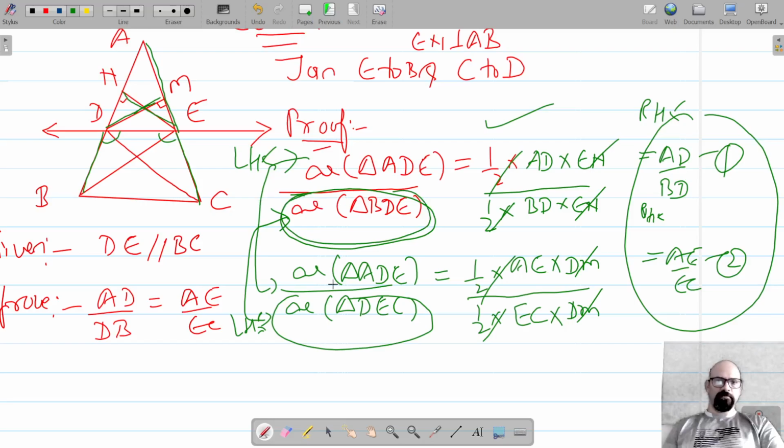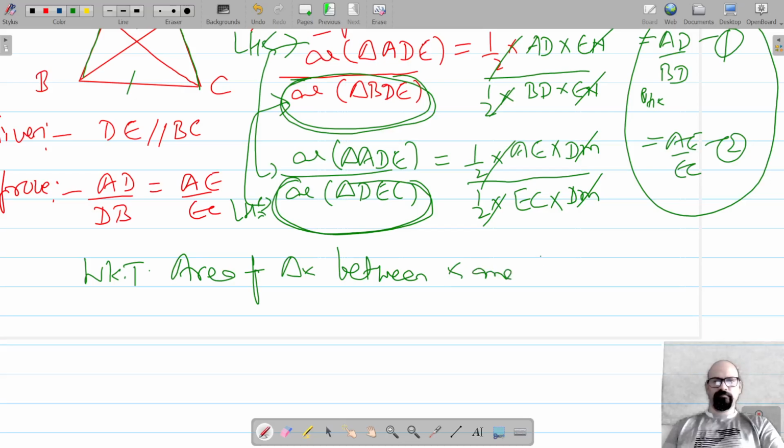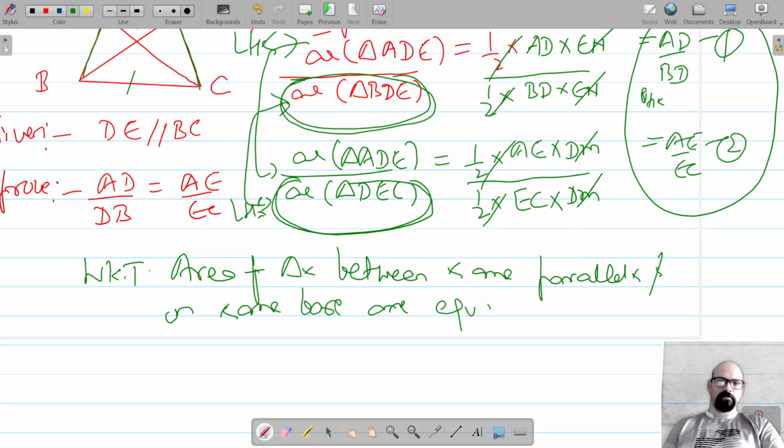Now, the area of triangle BDE is equal to area of triangle DEC because they are on the same base DE and they are between the same parallels. And we know that area of triangles between same parallels and on same base are equal.